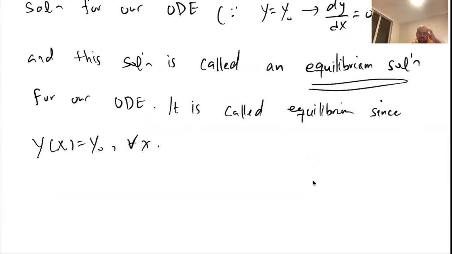The value of y always remains the same, so for this reason it's called an equilibrium solution. Now we want to know whether this equilibrium solution is stable or unstable.